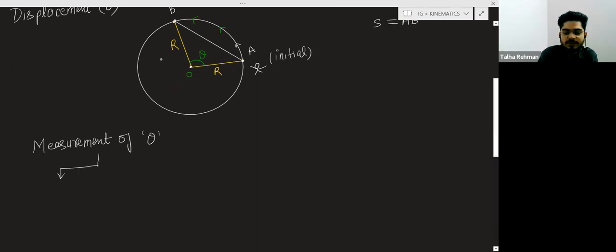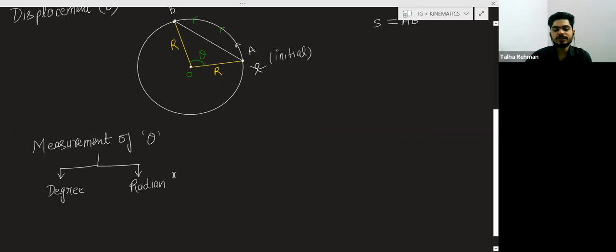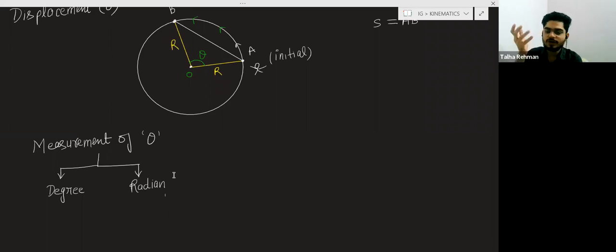The first way is to measure the angle in degrees, like 30 degrees, 40 degrees, 50 degrees. Another way to measure the angle is radian. So basically, what are degree and radian? You can say these are the units of angular displacement, or the units of angle. Angular displacement is basically the angle. Okay. So radian is the SI unit.